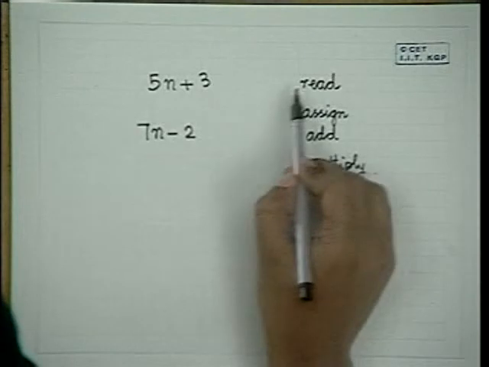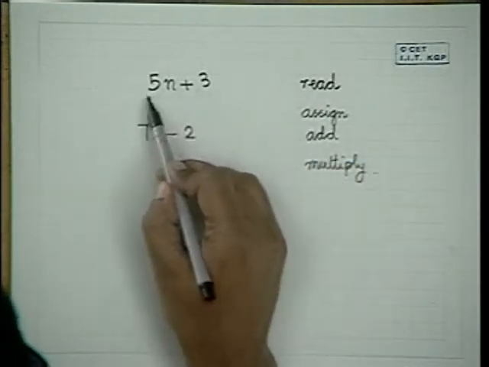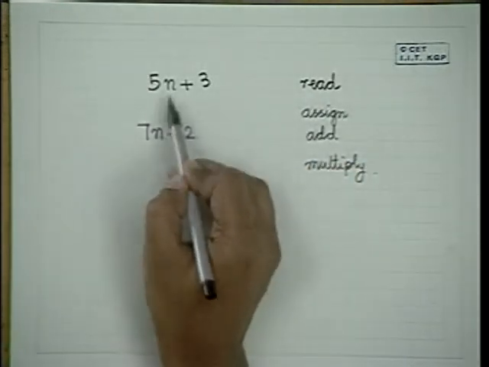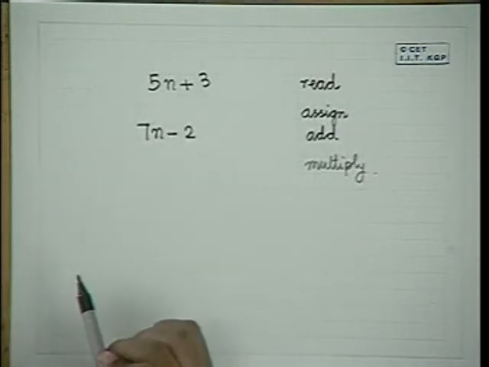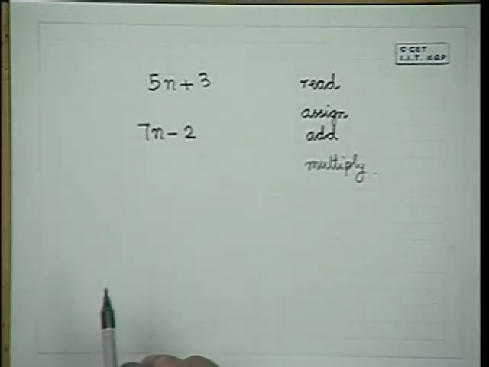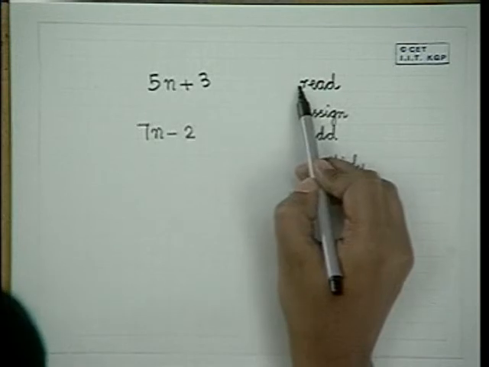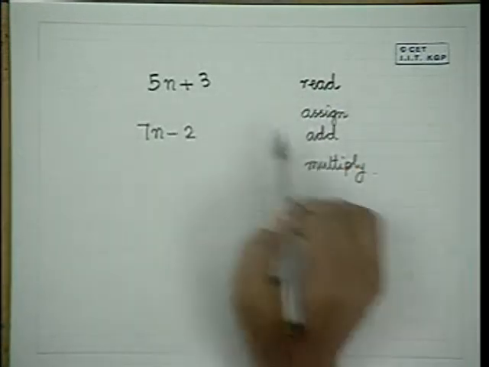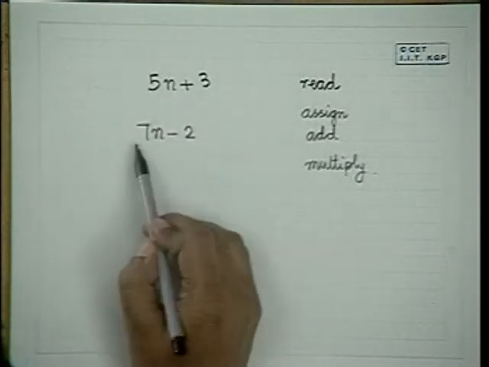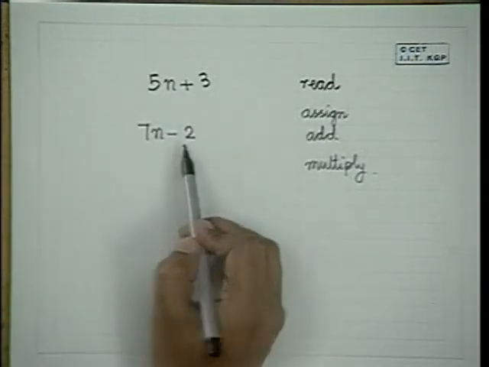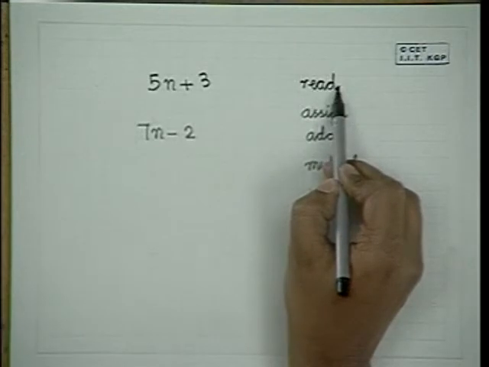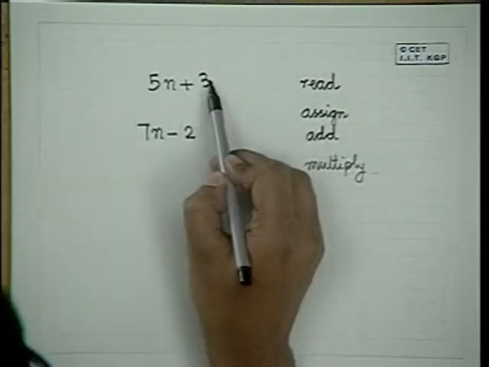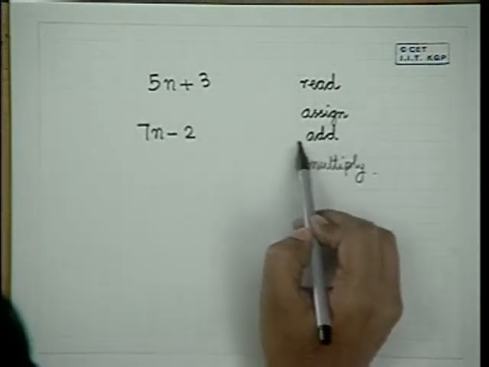Now, in one machine, can I compare these two and say this is better than this? When I run it on a machine, I cannot, because it depends on the actual execution times taken for these statements and the ratio that they have here. For example, the read statement may take a lot of time in one machine, or the add statement may take a lot of time.